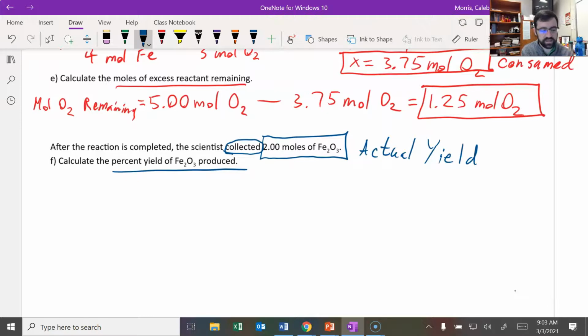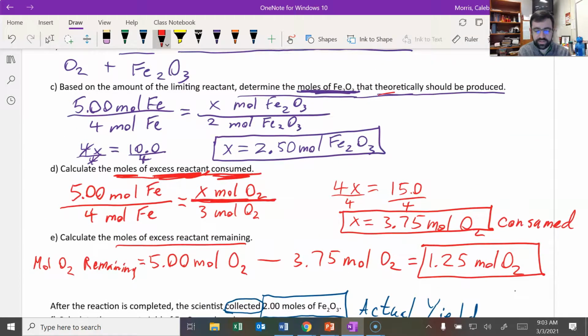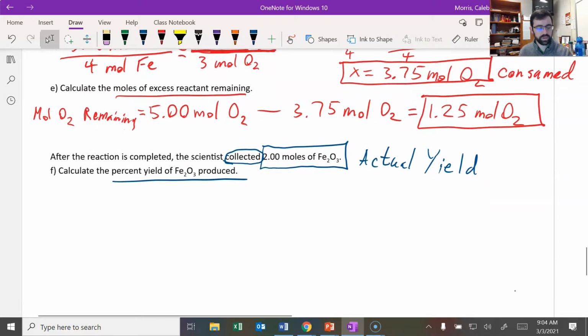Calculate the percent yield of Fe2O3 produced. Well, we need to go back and look at the theoretical yield for Fe2O3. We thought, theoretically, we should be able to produce 2.50 moles of Fe2O3. That's our theoretical yield.